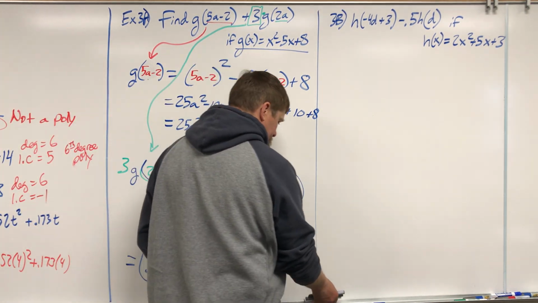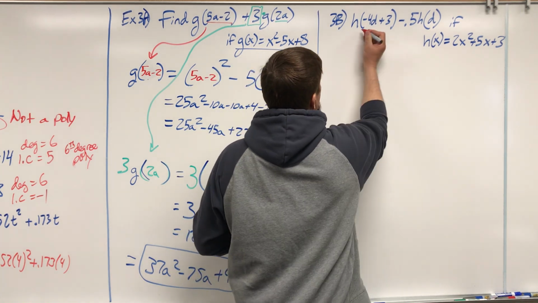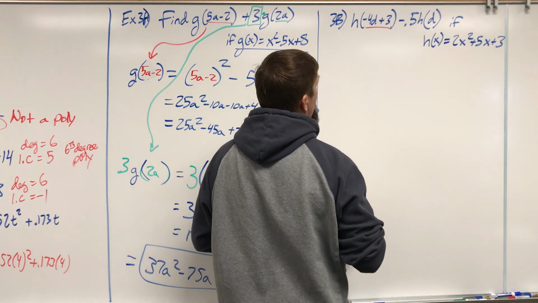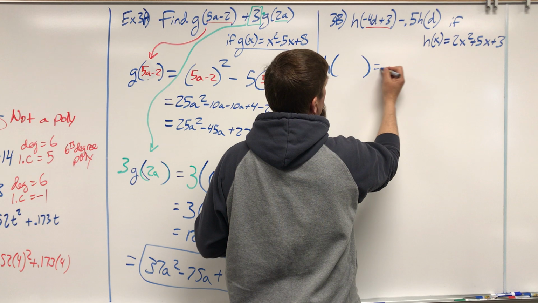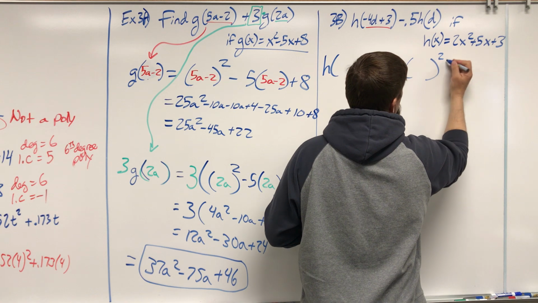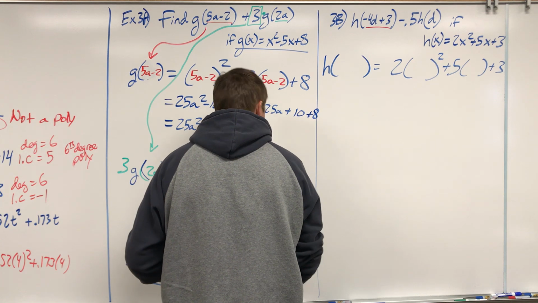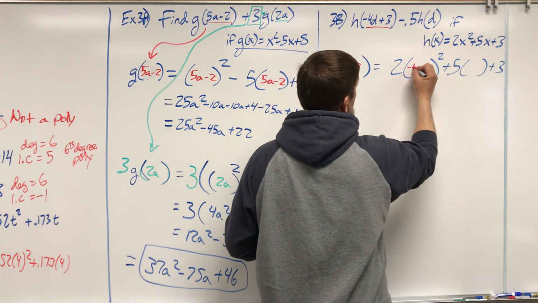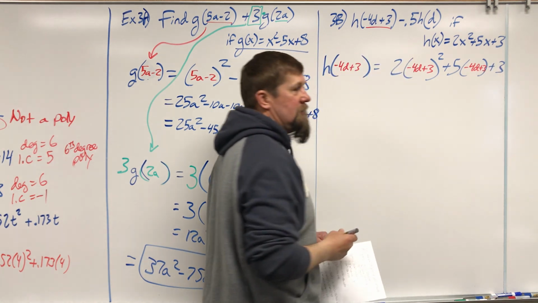Okay, welcome back. So we are going to first process the h of negative 4d plus 3. So basically that is h of negative 4d plus 3 equals, now h of x is this, so that's 2 times x squared plus 5 times x plus 3. Since I am putting in negative 4d plus 3, I put in negative 4d plus 3 in for x, and I process it.